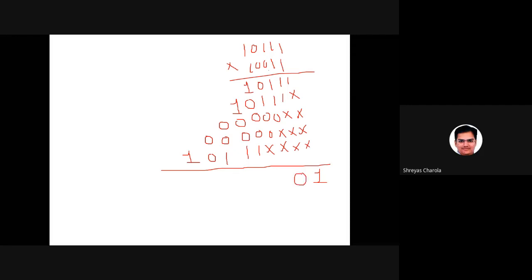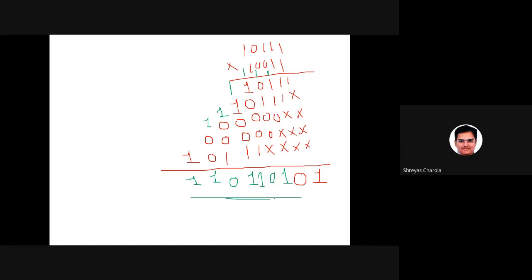Here it's a 1. 1 plus 1 plus 1 gives 1 carry 1. 1 plus 1 is 0 carry 1. 1 plus 1 plus 1 is 1 carry 1. 1 plus 1 plus 1 again is 1 carry 1. 1 plus 1 is 0 carry 1. Then 1, 1. This is the answer: 110110101.